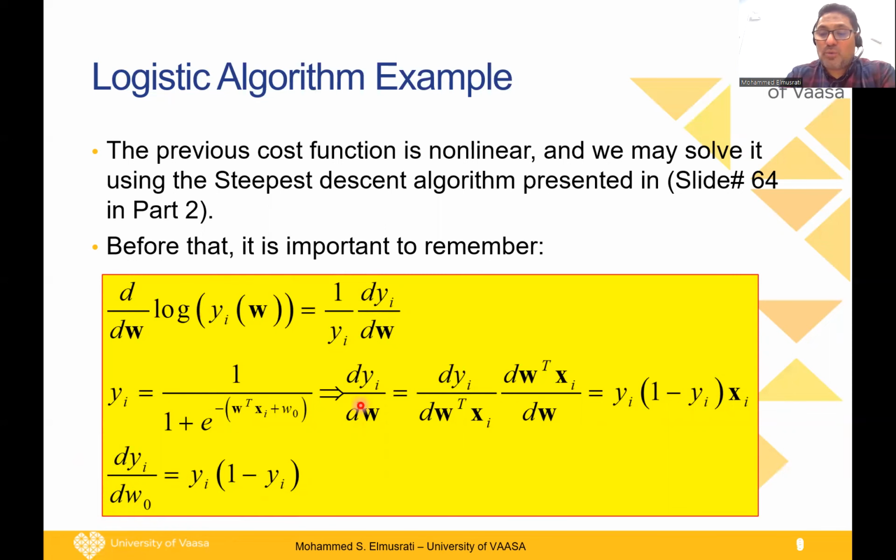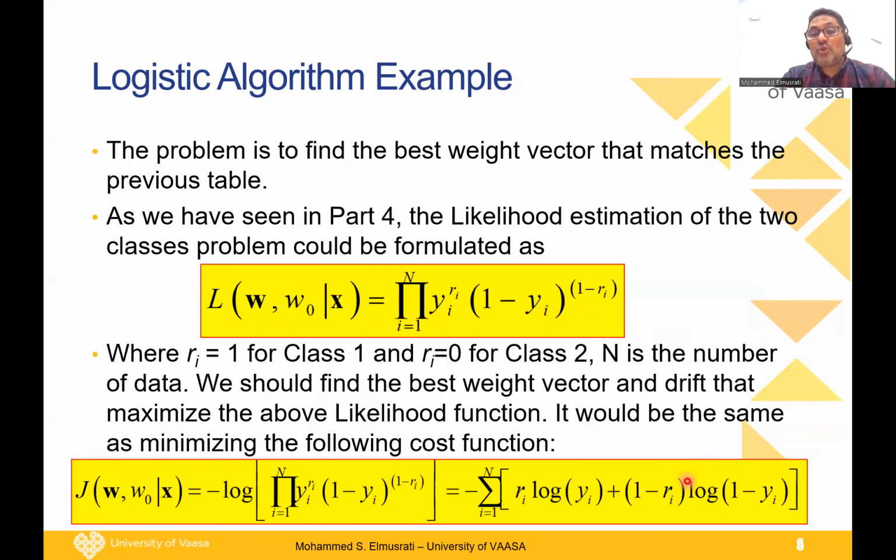So now, this cost function is nonlinear. And since it is nonlinear, in order to find the weight vector, we need to use the steepest descent algorithm. The steepest descent algorithm was explained in detail in part 2 of this course, so you can go back to part 2 to see how it works.